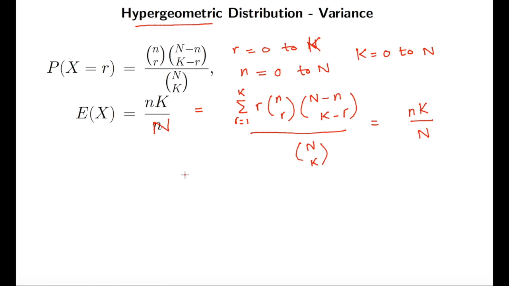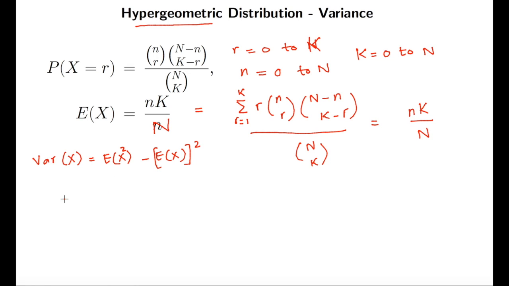Now our job is to find the variance. So variance of X is equal to E of X squared minus E of X squared. So this guy is known, and we are interested in finding this guy.